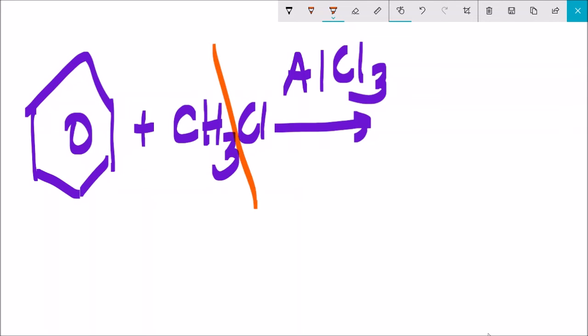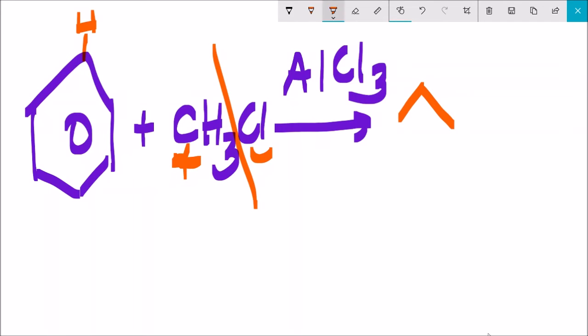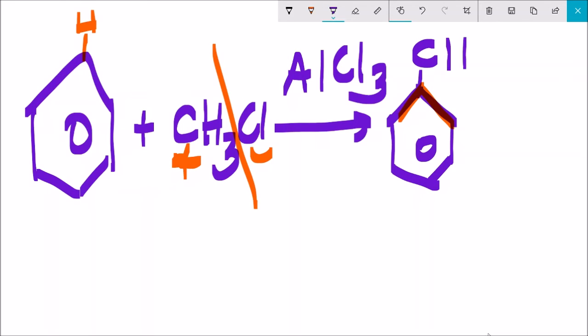Now it's going to split. This part is going to replace the hydrogen there, and the hydrogen will go with the chlorine. So it's going to be methylbenzene, CH3, and you get HCl.